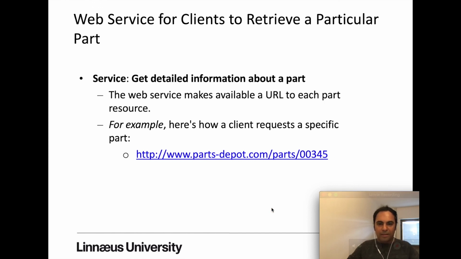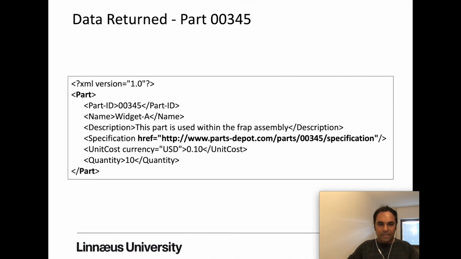When the user sends another GET method using this URL, he will get more detail about part 00345, which has an ID, a name, some description, some specification, a URL itself, the price, and how many they have in their inventory.